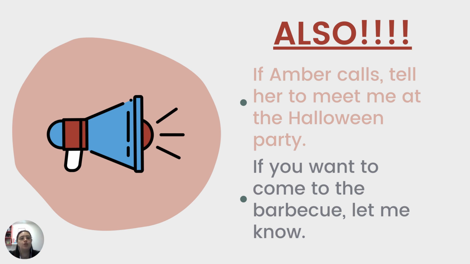Or, if you want to come to the barbecue, let me know. You see? That is everything about the zero conditional, guys. You only have to use simple present. Remember that if you start with if, you need a comma, and if you start with the result, you don't need a comma. Okay, guys?